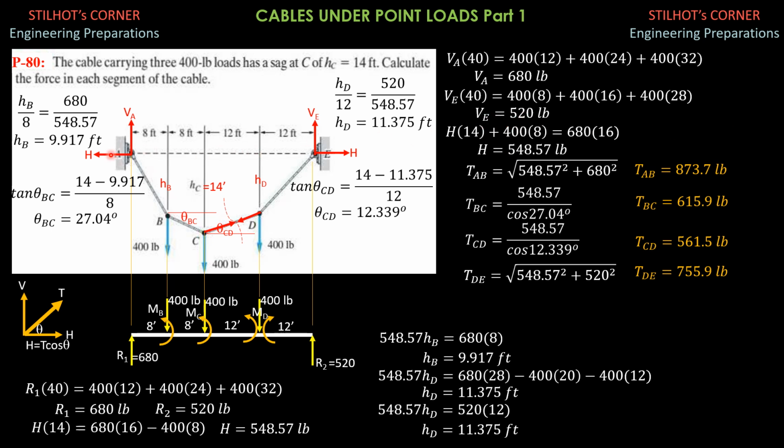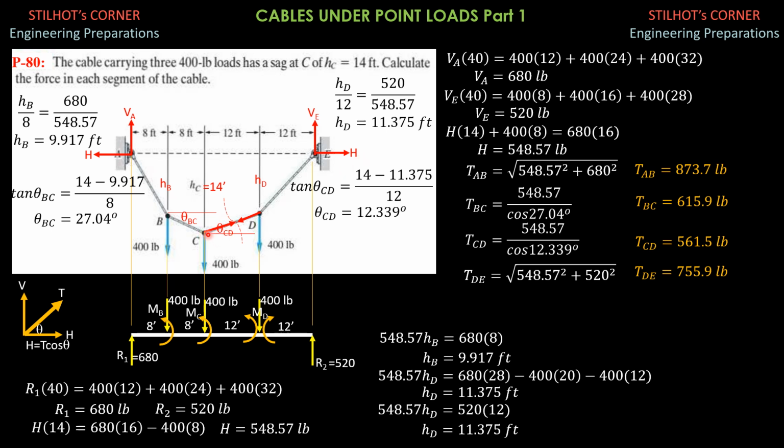To solve for the horizontal component of tension, we cut the portion of cable CD and we consider the forces to the left. You can also consider forces to the right. The result in solving for H should be the same.